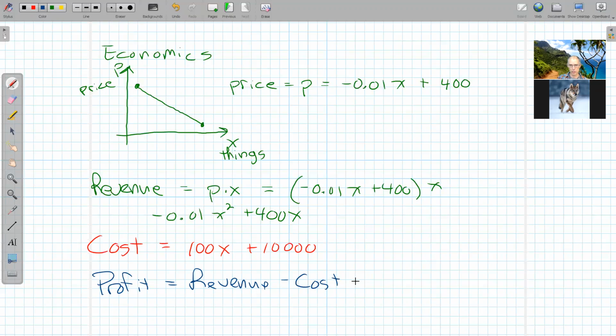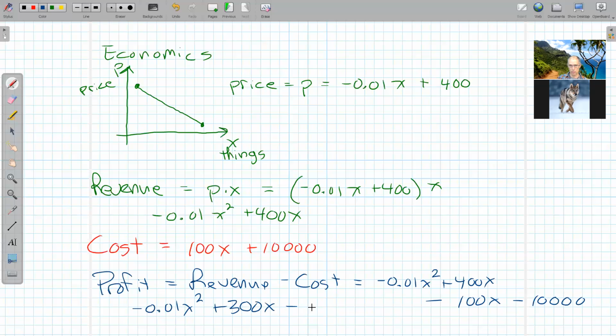And so for us here, we're going to get negative 0.01 X squared plus 400X. And then we're going to take away the 100X. And then it's also going to take away that 10,000, because the whole thing has to be taken away. And if we clean that up, we're going to get negative 0.01 X squared plus 300X minus 10,000.